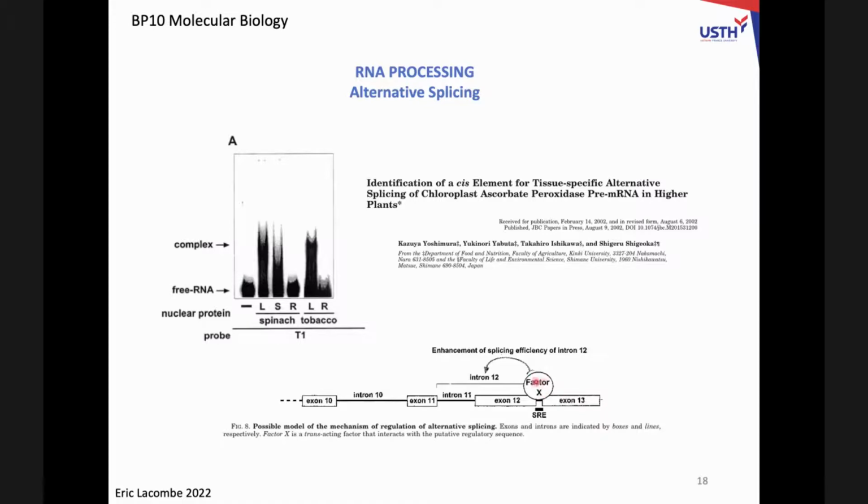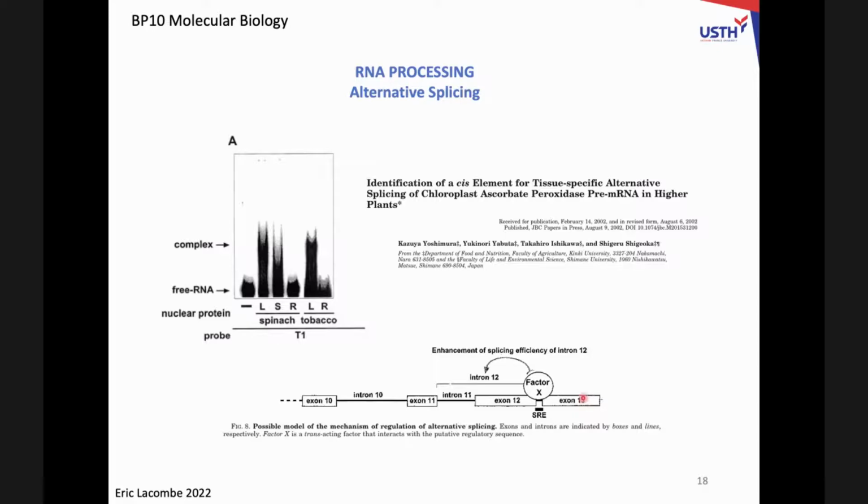When factor X is present, factor X binds to the SRE element and changes the splicing pattern. Then the splicing will be exon 10, exon 11, and directly exon 13.